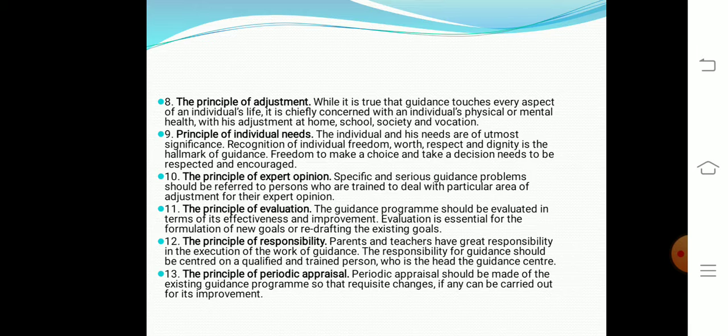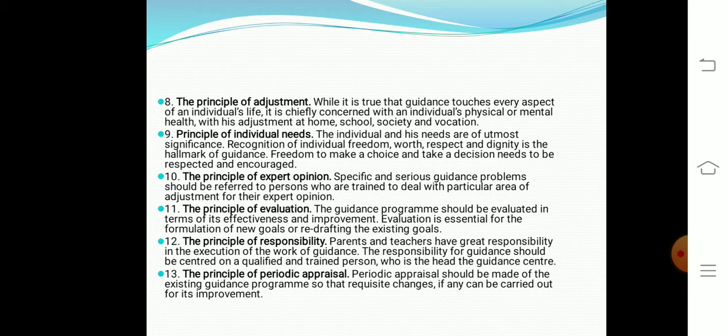Next, the principle of evaluation. The guidance program should be evaluated in terms of its effectiveness and improvement. Evaluation is essential for the formulation of new goals or redrafting the existing goals.